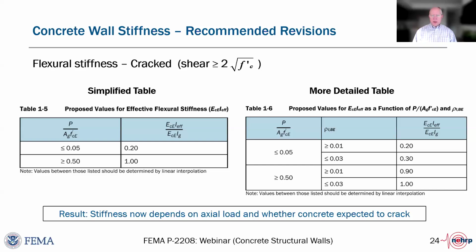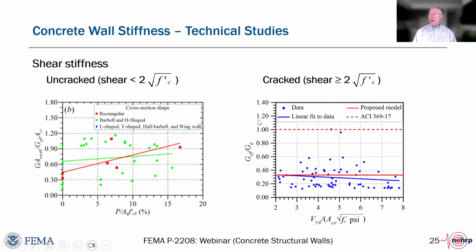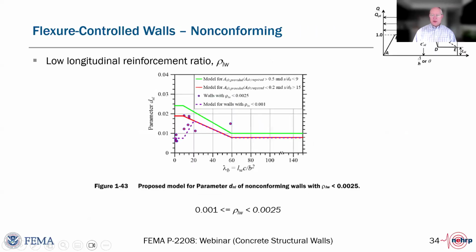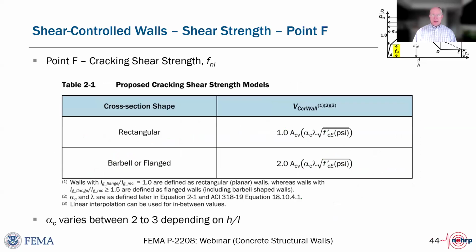Okay, thank you. On slide 44, we have a question about how to interpret what we've got here. On slide 44, you show cracking strength models, and it's flanged versus not. And the question is, does this indicate that a flange served to disrupt the cracking? Essentially, yeah. You could interpret it that way.